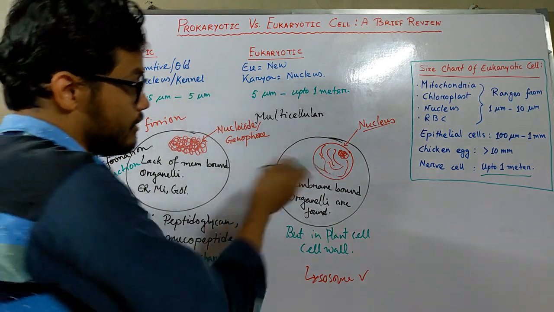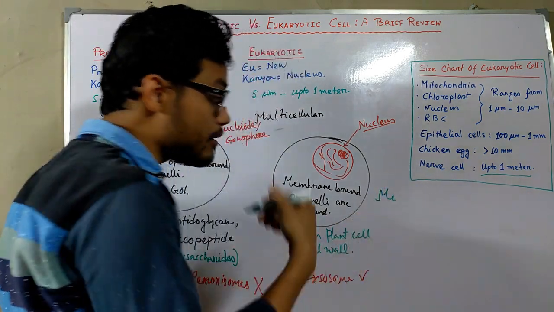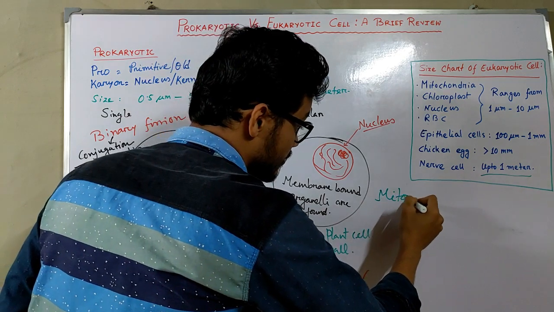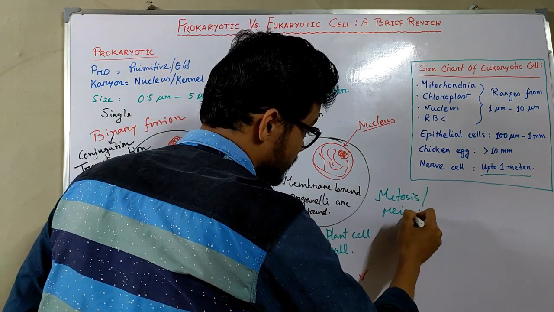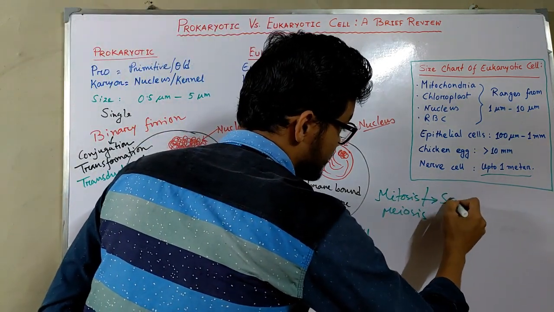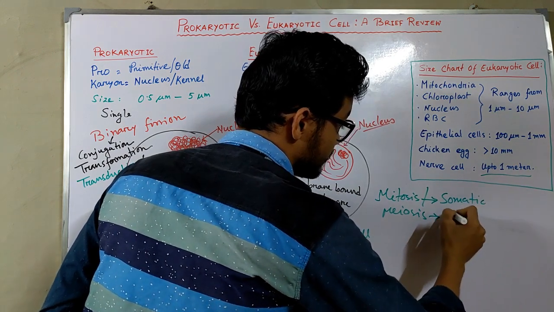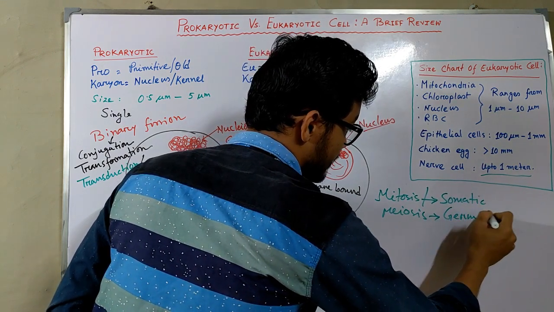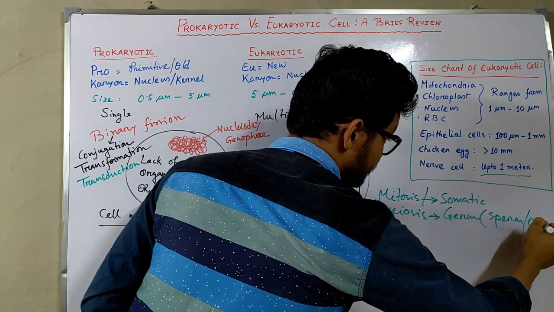In eukaryotic cells, we clearly observe mitosis and meiosis. Mitosis occurs in somatic cells and meiosis occurs in germ cells, that means sperm and ovum.